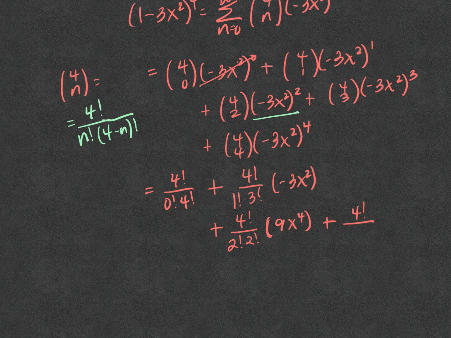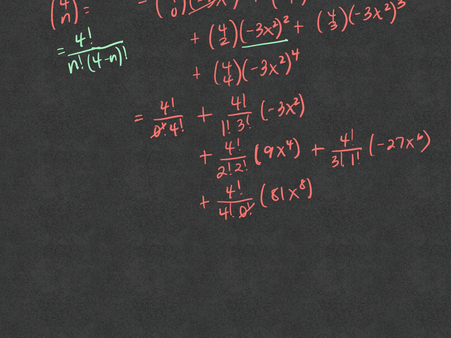Plus 4 factorial over 3 factorial. 4 minus 3 is 1 factorial. Negative 3 to the third is negative 27. x squared to the third is x to the sixth. Plus 4 choose 4 is 4 factorial over 4 factorial, and 4 minus 4 is 0 factorial. That's the number 1. Let's cross it off up here as well. Negative 3 to the fourth is positive 81, and x squared to the fourth is x to the eighth.